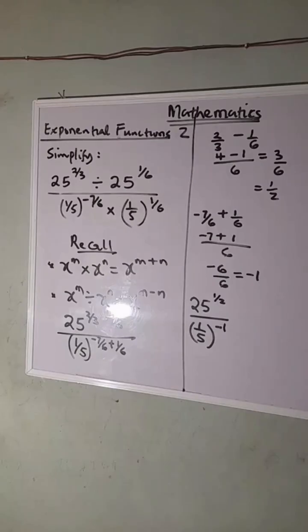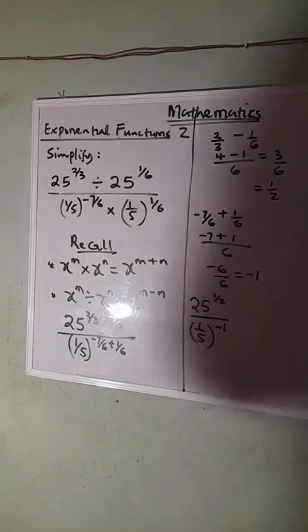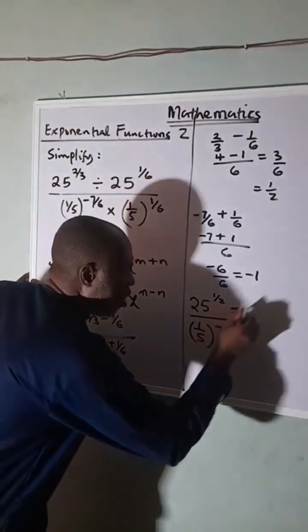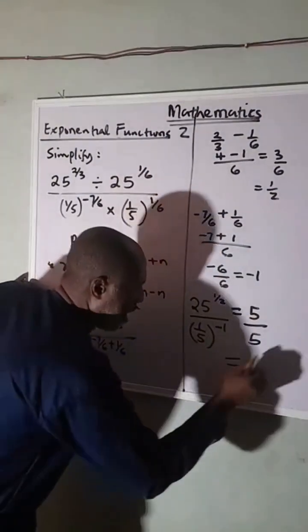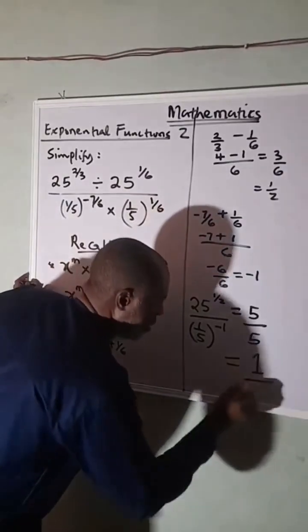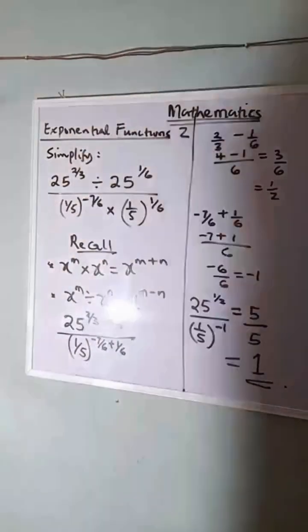For the denominator, what is in the bracket is 1 over 5, and that minus 1 simply means the inverse of what is in the bracket. The inverse of 1 over 5 is 5. Automatically, the numerator result is 5, the denominator result is also 5, and our final answer is one whole number.